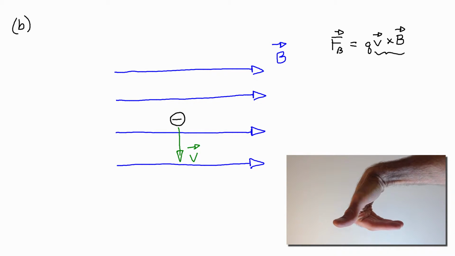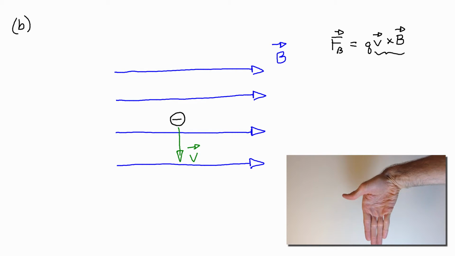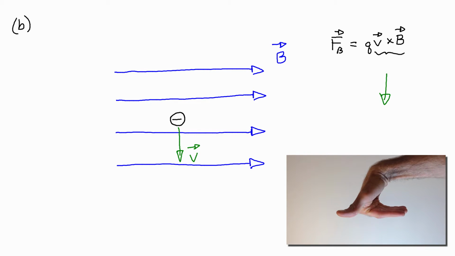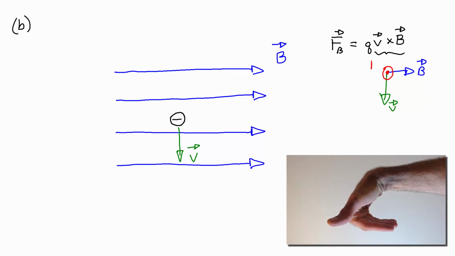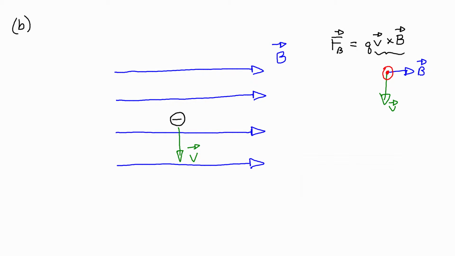So V cross B, when you have V down and B to the right, gives a result that is out of the screen, and I represent that with a circled dot. But in this case, the particle is a negative particle.